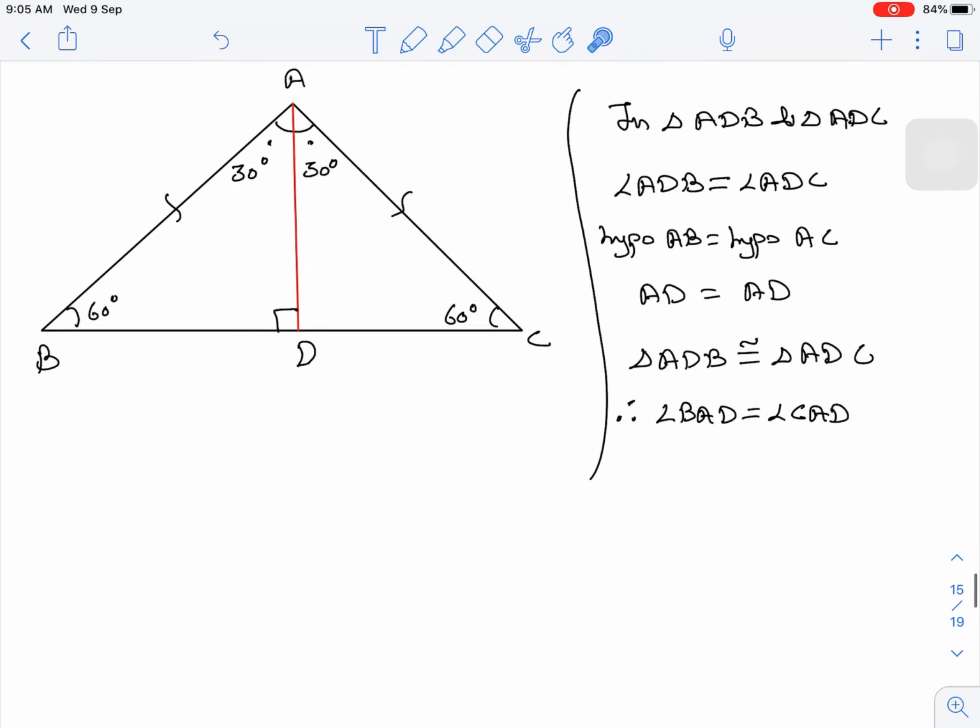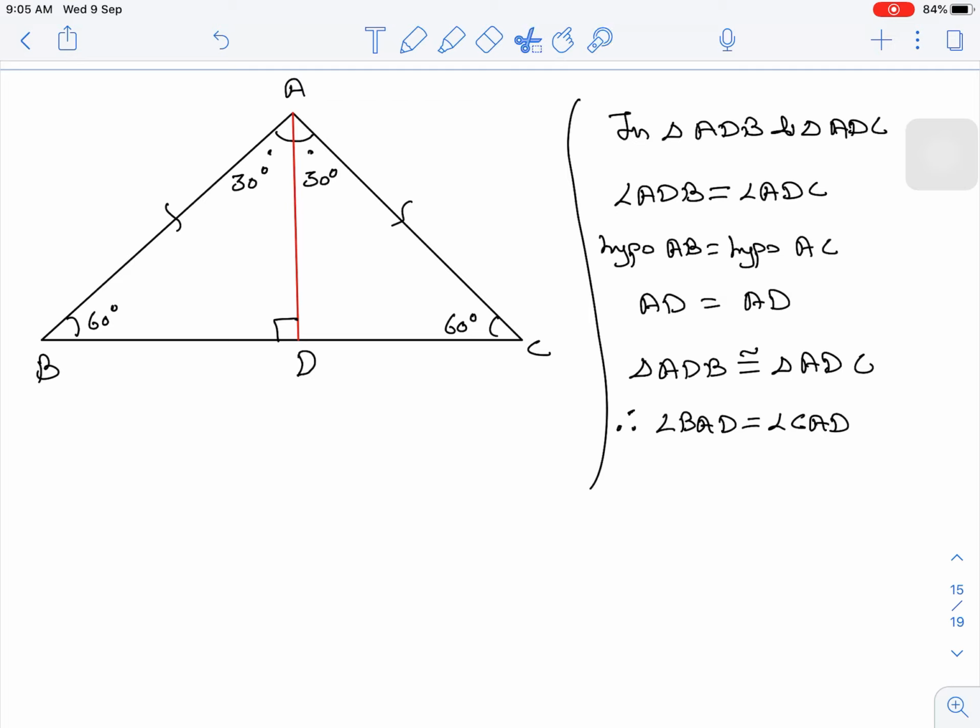Let me make one more triangle over here.